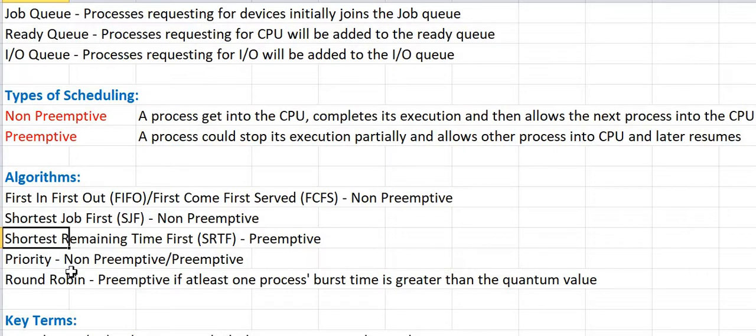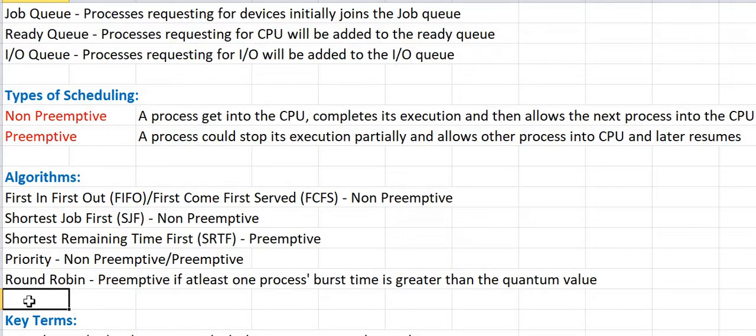That kind of scheduling algorithm is shortest remaining time first, which is preemptive. And in priority scheduling, a process is let into the CPU based on its priority. Whichever process has the higher priority goes in. This can be either preemptive or non-preemptive based on the situation.